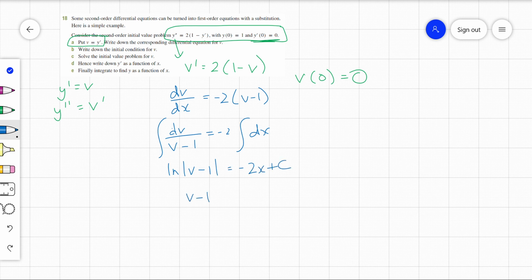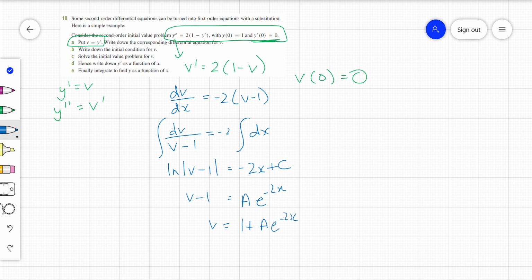So v minus 1, when I exponentialize, then I don't need to worry so much anymore about if I make this constant a, so that e to the power of c or minus c, it doesn't really matter. The constant part is kind of absorbing everything, so that can equal a e to the minus 2x. Alright, so that would mean v equals 1 plus a e to the minus 2x.